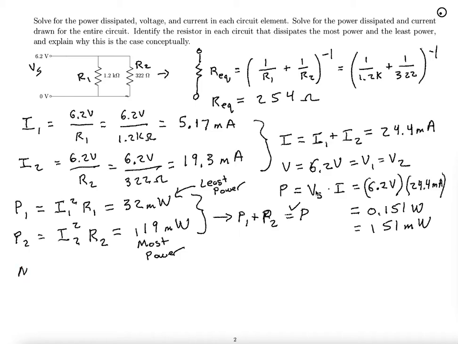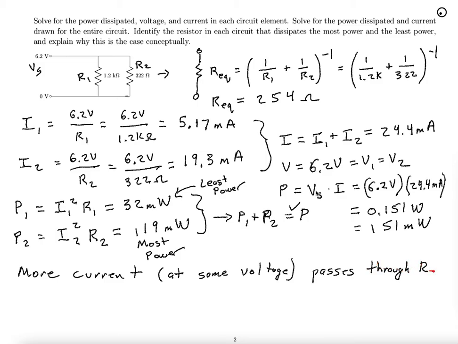That is, more current at same voltage passes or flows through R2, so it consumes the most power.